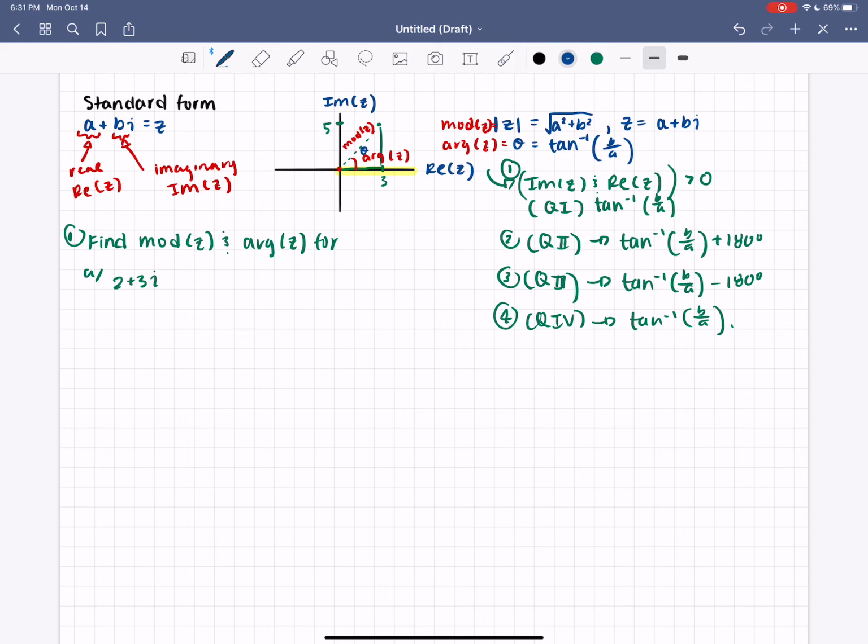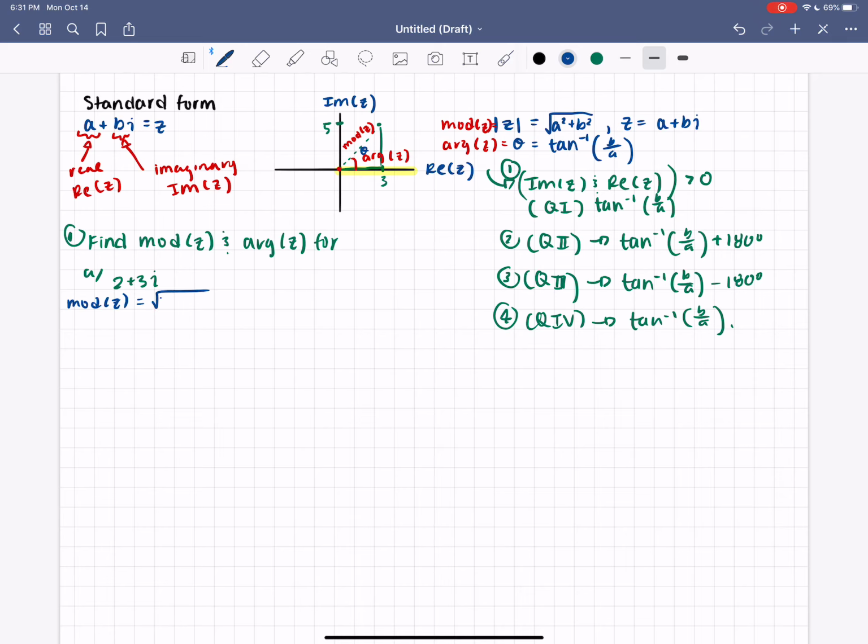With 2 plus 3i, we're going to first find our modulus. So we said our modulus is equal to the absolute value of z, which is the square root of a squared plus b squared, which in this case is the square root of 2 squared plus 3 squared. So that gives us the square root of 13.